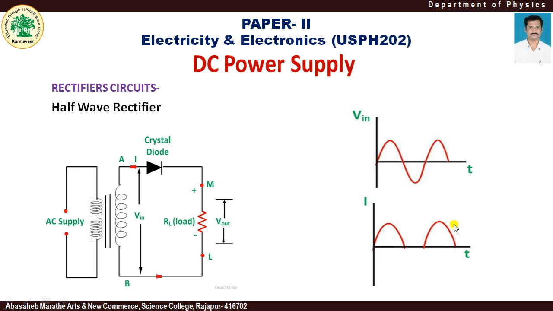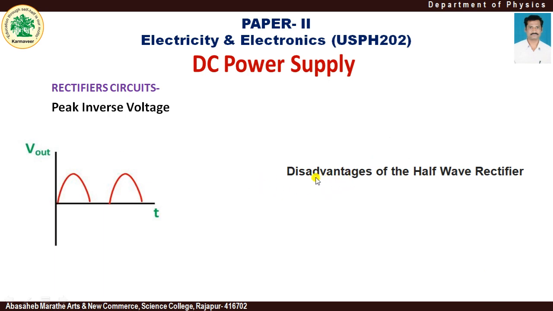So current flows through the diode during the positive half cycles, and no current flows during the negative half cycles of input AC voltage. So this figure shows the input and output waveforms of a half wave rectifier.